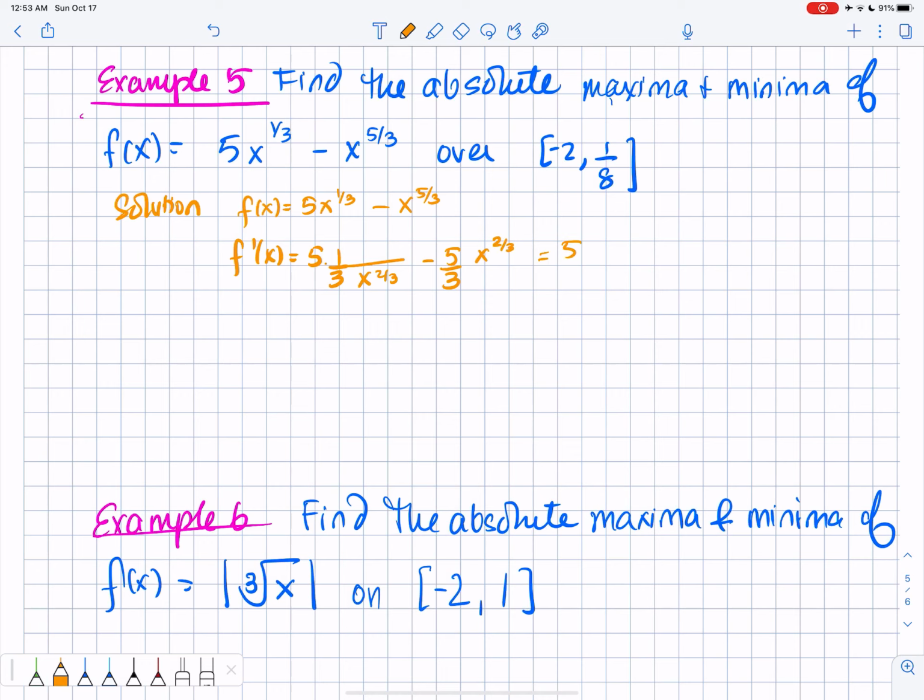Just factor out the 5/3, and you have 1 over x raised to 2/3 minus x raised to 2/3. All right, now let's find the critical points. Critical points are where f prime is undefined. When is f prime undefined? If you take a look, this is undefined when x equals 0, and x equals 0 is an interior point of the domain of f.